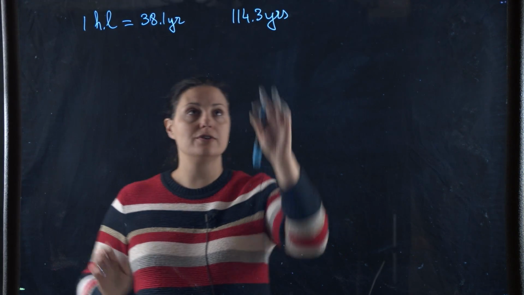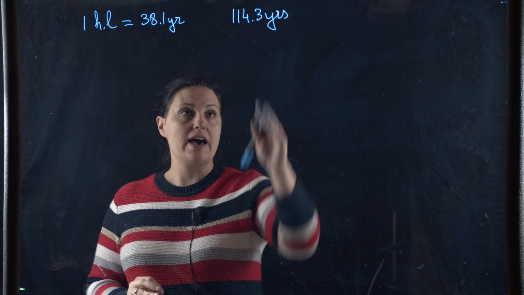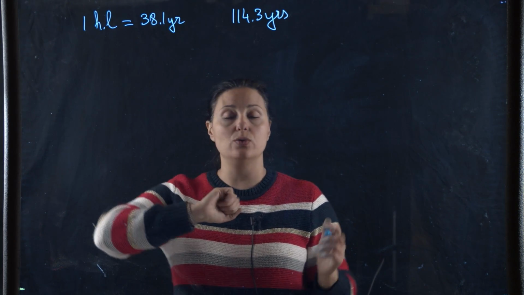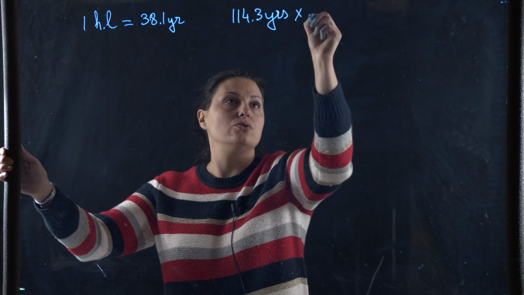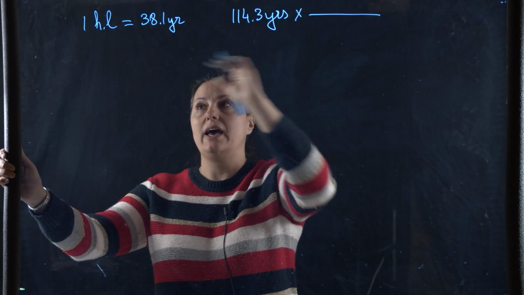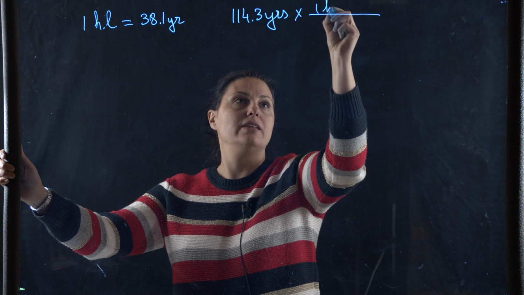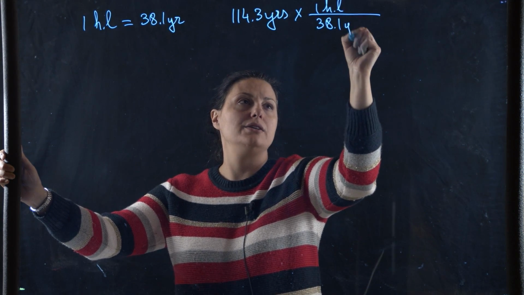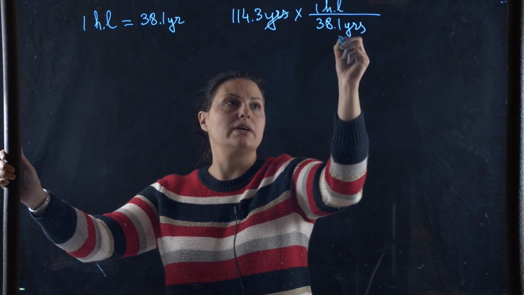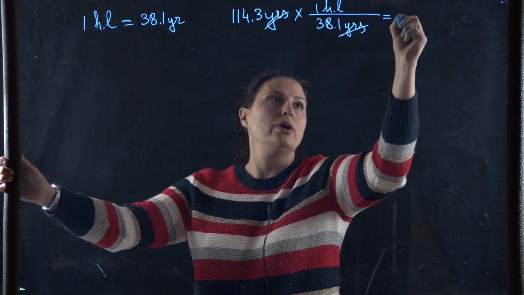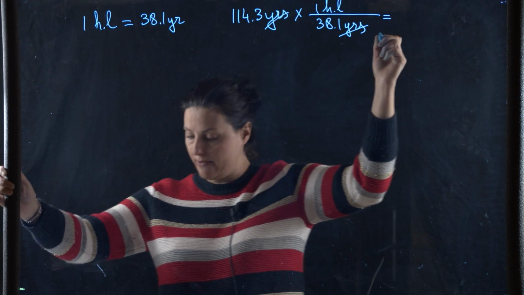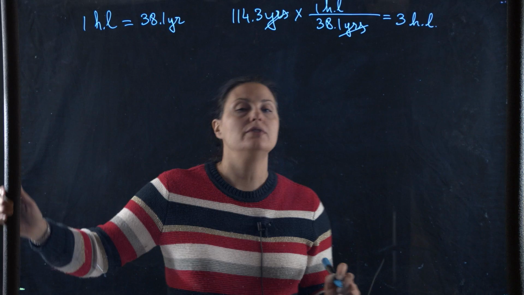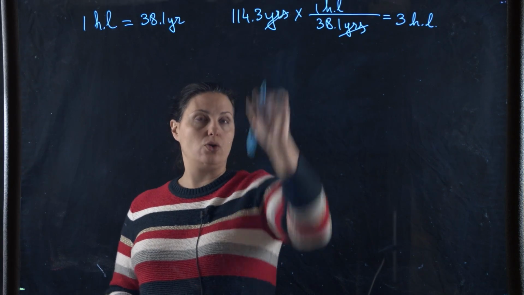I first have to figure out how many half-lives have passed in 114.3 years when one half-life is equal to 38.1 years. My years will cancel, leaving me with 3 half-lives. So 3 half-lives have passed in this total time.